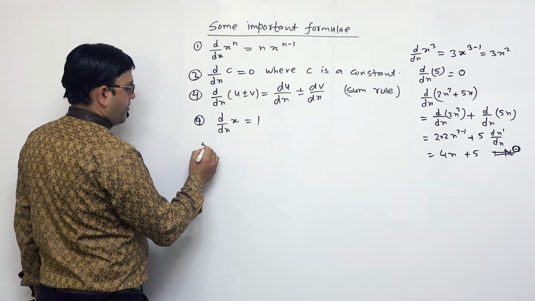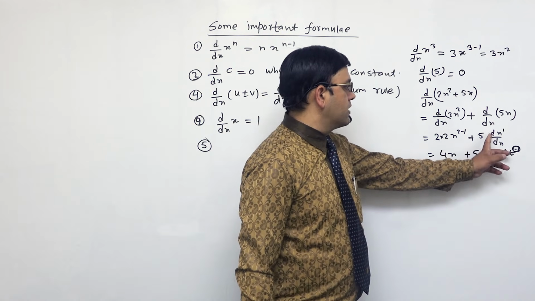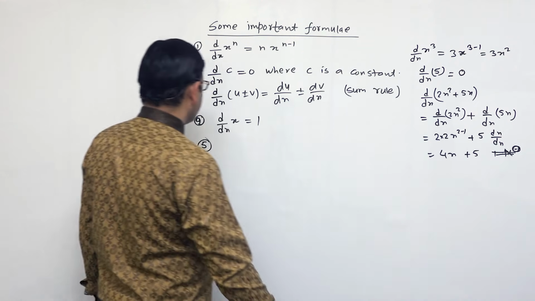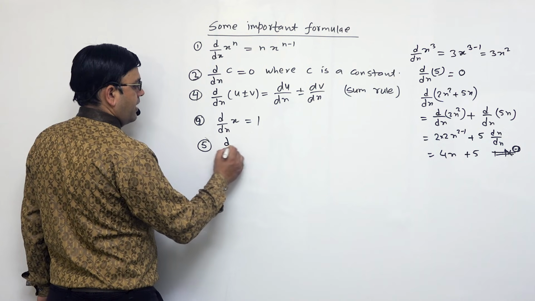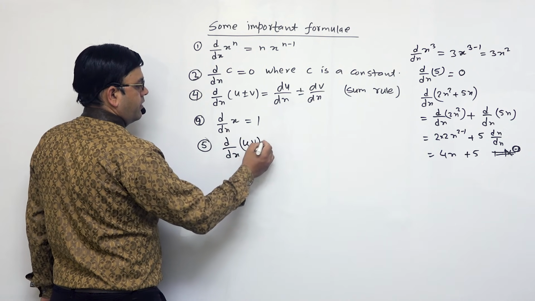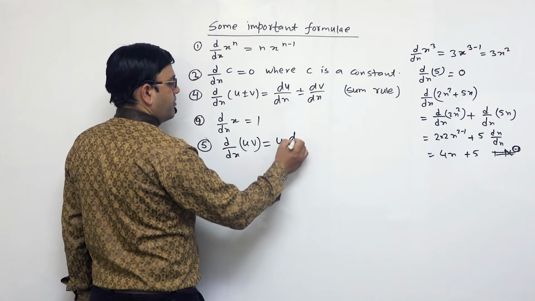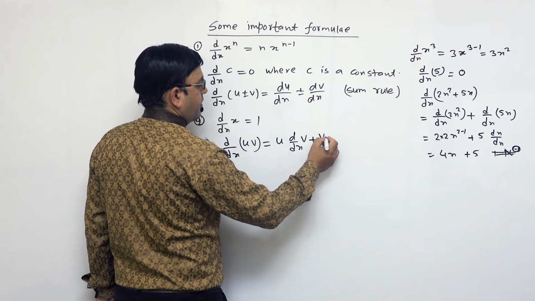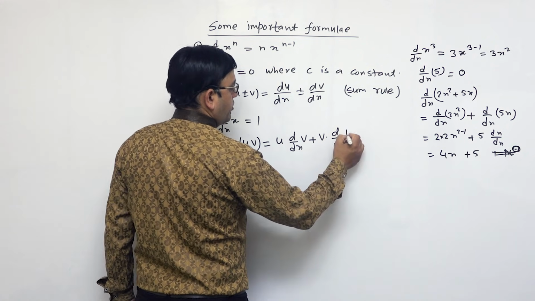Now let's look at number 5. We have already seen an example of this here: dx by dx is 1. So in number 5, d by dx of uv is equal to u times d by dx of v plus v times d by dx of u, the derivative of u.